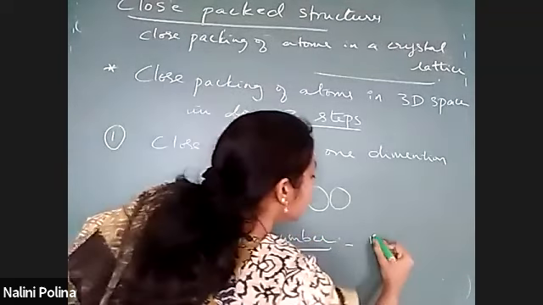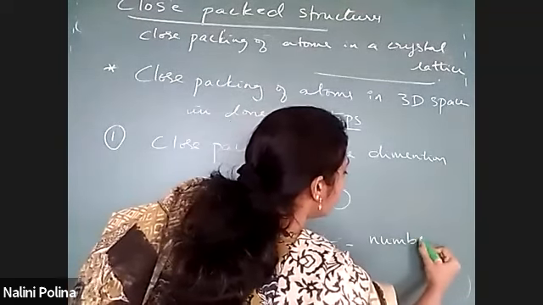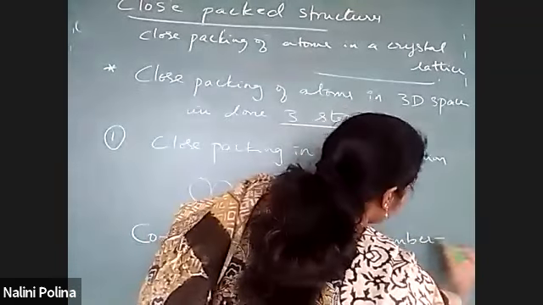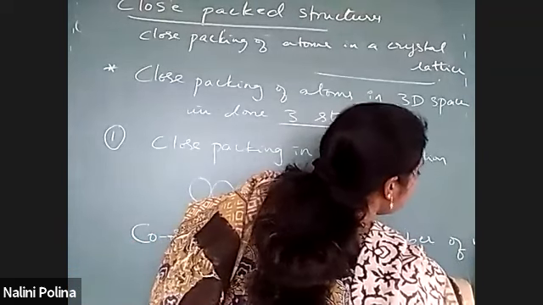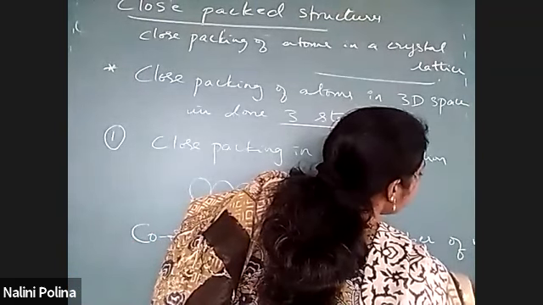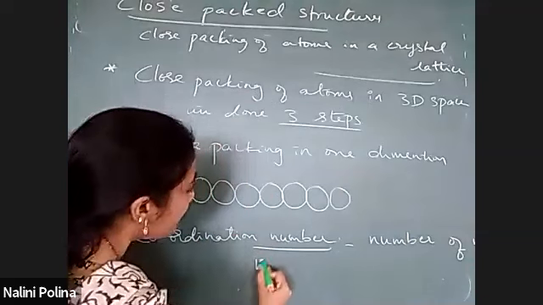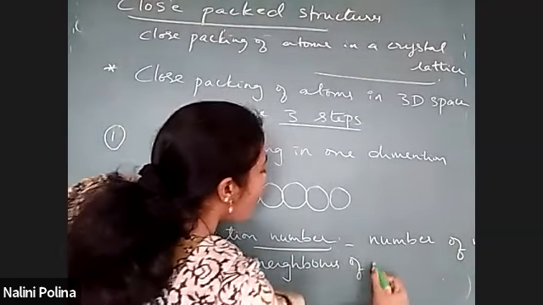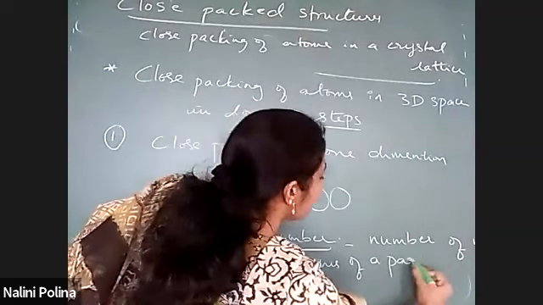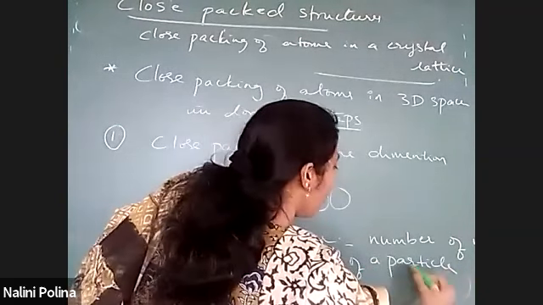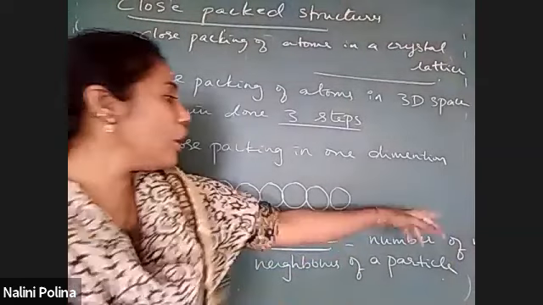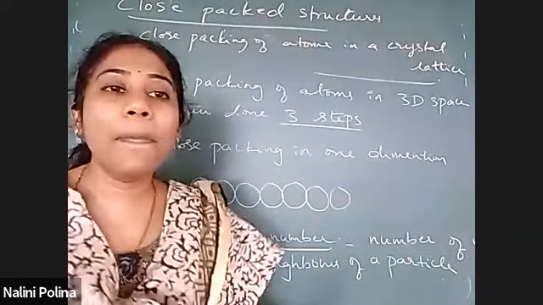It is the number of nearest neighbors of a particle. Here particle means what? Atom. The number of nearest neighbors of a particle is called the coordination number.